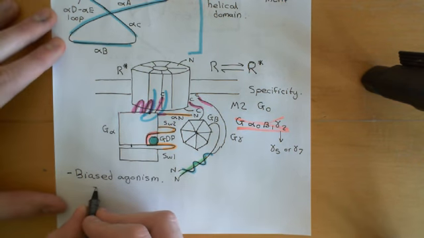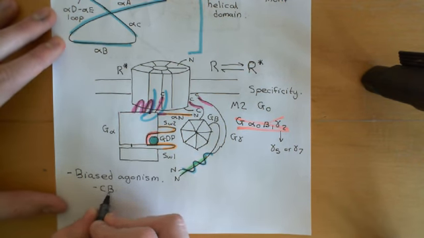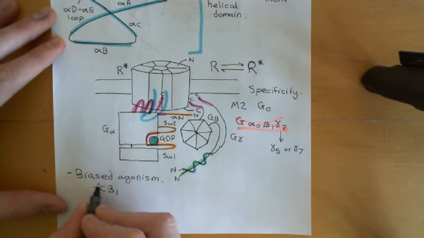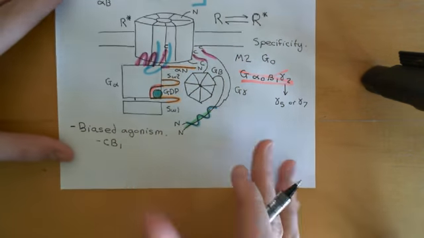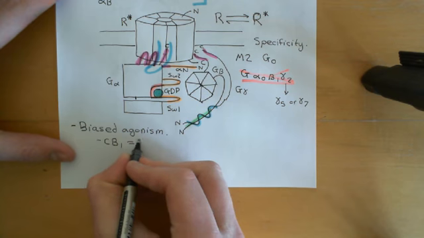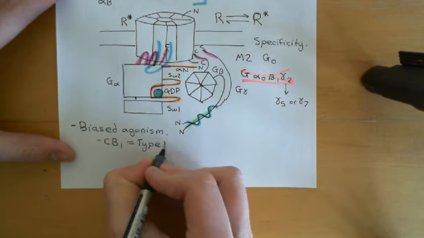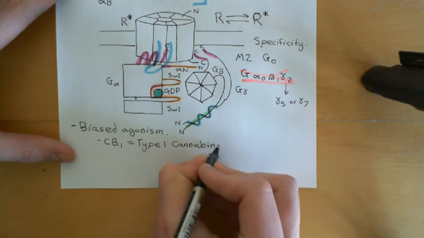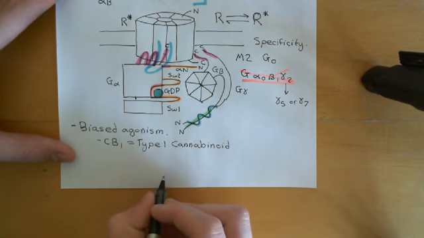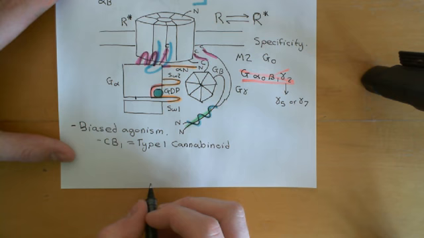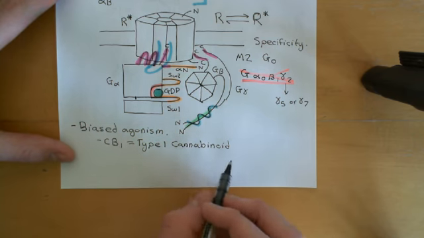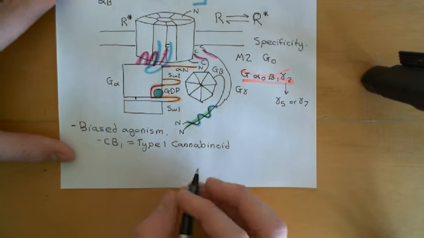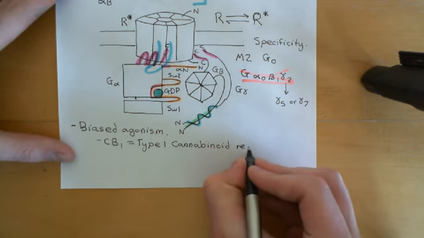Let's take the type 1 cannabinoid receptor, which is again a rhodopsin family G protein coupled receptor. CB1 here stands for type 1 cannabinoid receptor. These are the targets, or one of the targets, for the active ingredient of cannabis, delta-9 tetrahydrocannabinol.